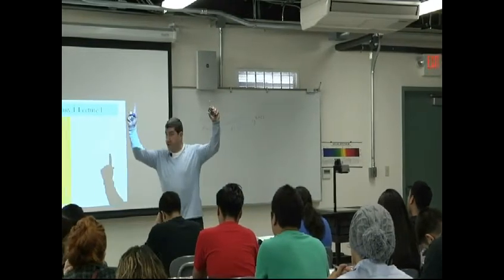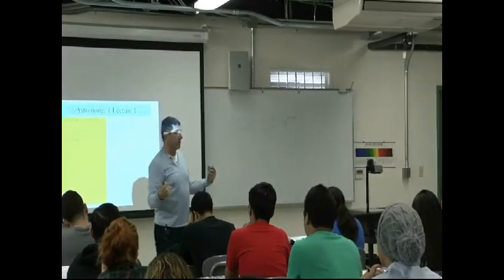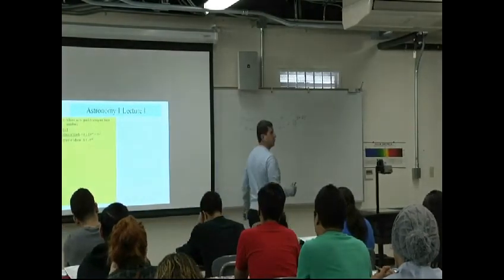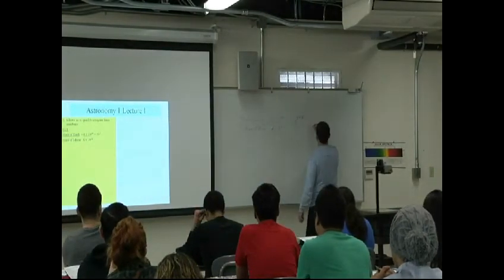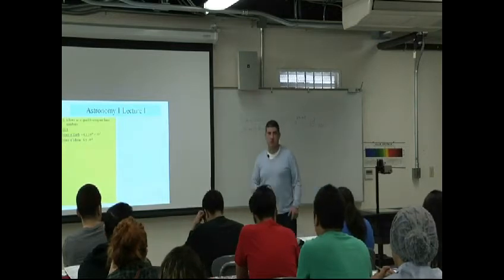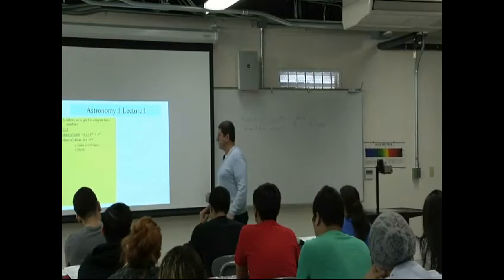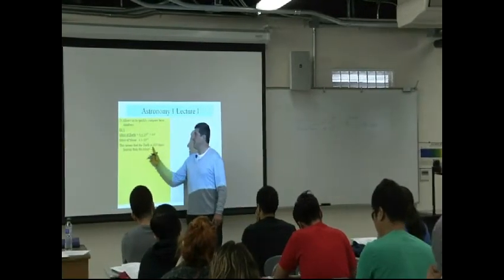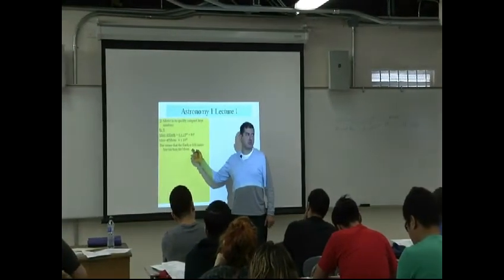If you got 24 zeros on the top, you got 22 zeros on the bottom, that means you're going to have 2 zeros on the top. 100. 10 squared. So what does that mean? This means that the Earth is 100 times heavier than the moon.